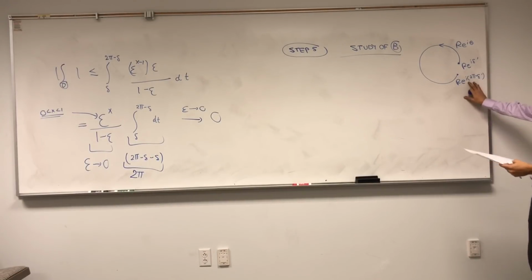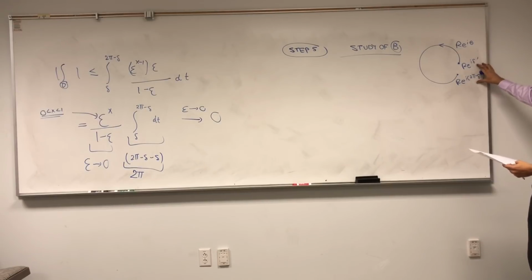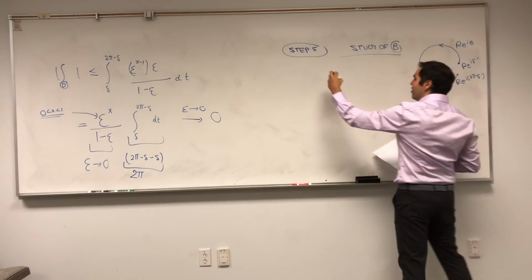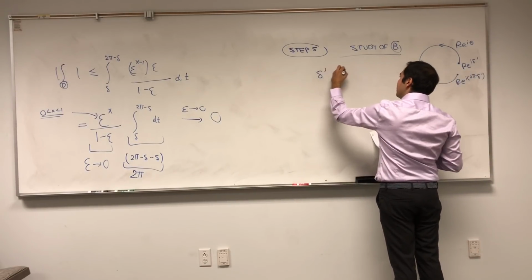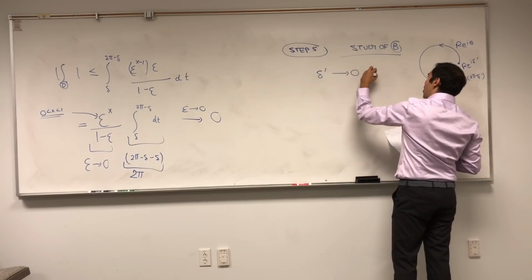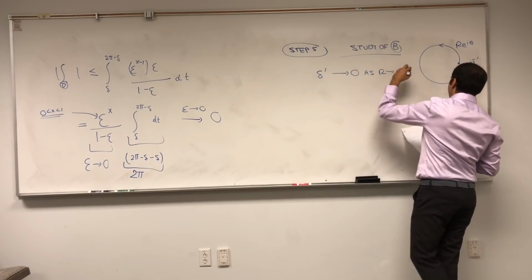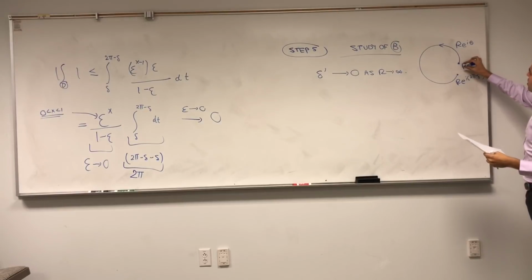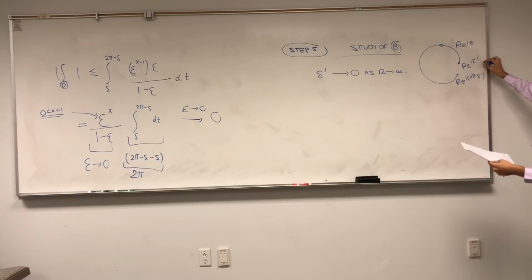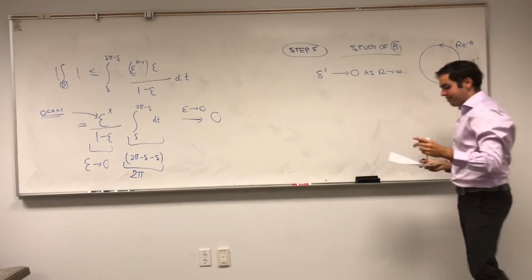And again, even though we do not know what δ' is, we know that δ' goes to 0 as r goes to infinity, because if the radius is very big, the angles approach 0. So very good.